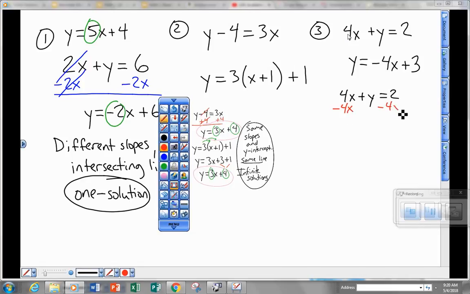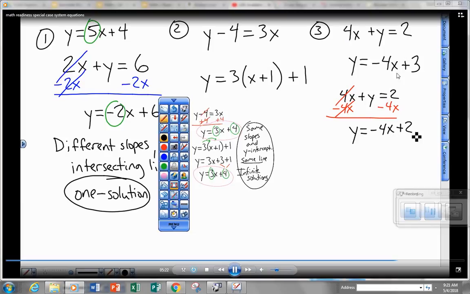And that gives me y equals negative 4x plus 2. And then I can see they both have the same slope but different y-intercepts. So that means you're going to have parallel lines that never touch, no solution.